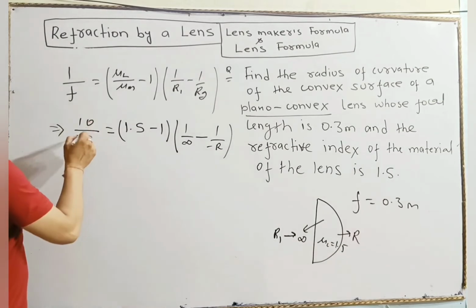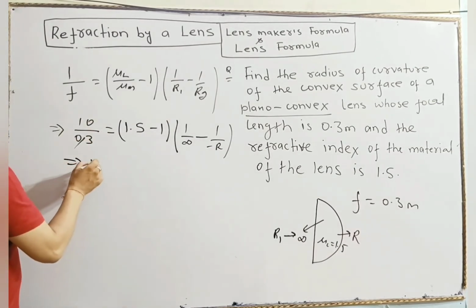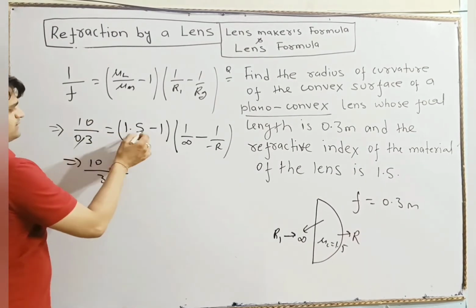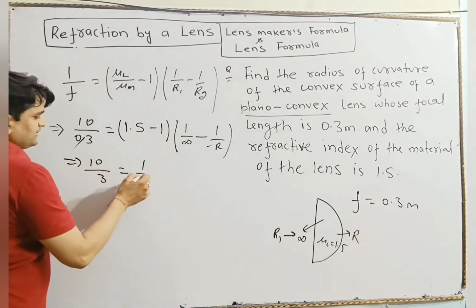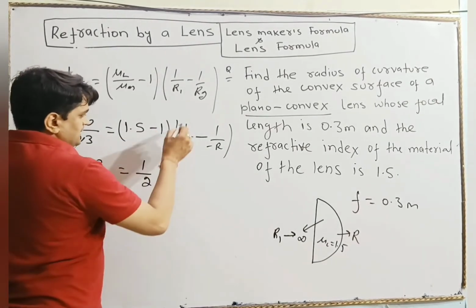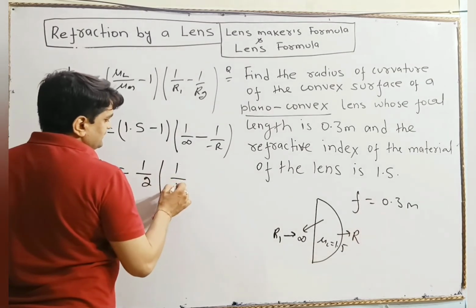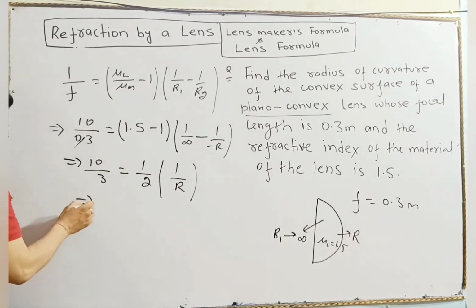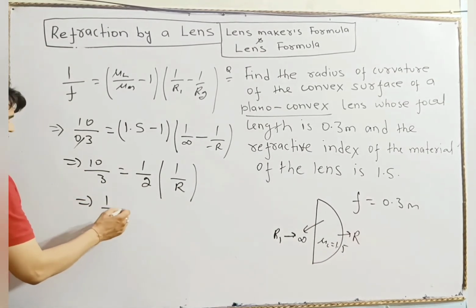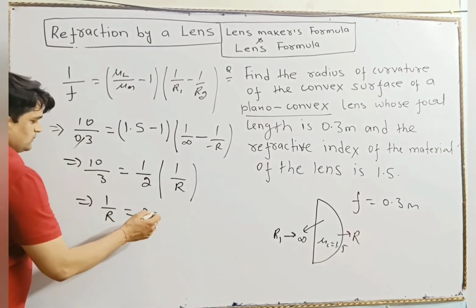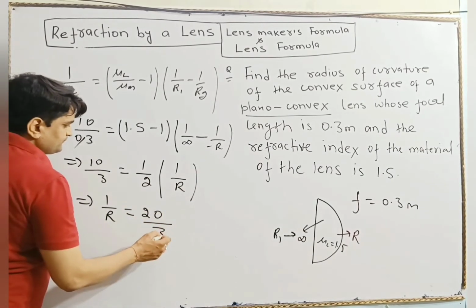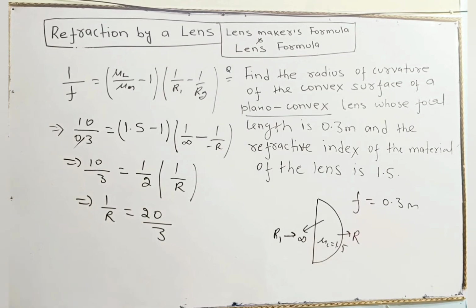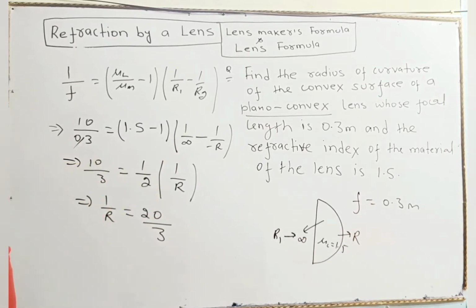Okay, let's remove the decimal. It is 10 by 3 and it will be 1.5 minus 1, that is 1 by 2, and 1 upon infinity 0, and it becomes 1 upon r. So 1 upon r will be 20 by 3, 10 by 3, and this is 1 by 2, 1 upon r.